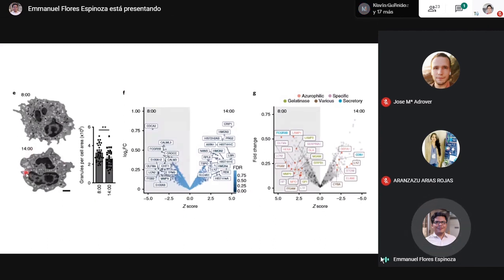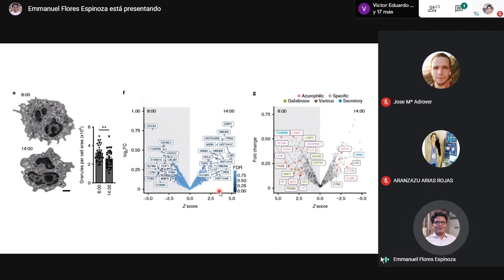And when they analyze the proteome of these two types of cells, we can see differential enrichment of different types of proteins in these two data sets.